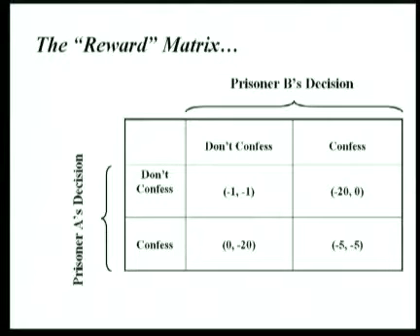That's hence the -1. If they both confess, they both get 5 years in prison, -5s. If A does not confess, then B does, A goes to jail for 20 years. That's the -20. If A confesses and B does not, B goes to jail for 20 years, and A goes free. So that's the reward matrix.